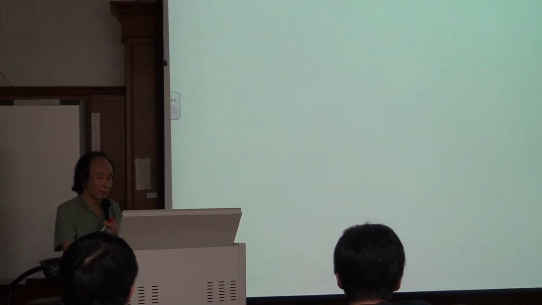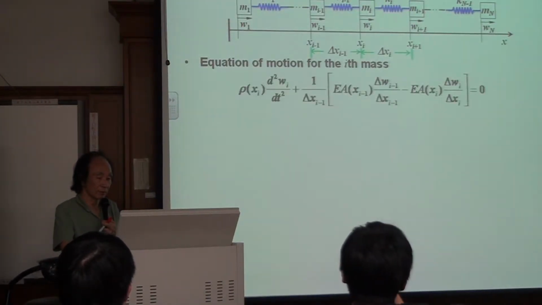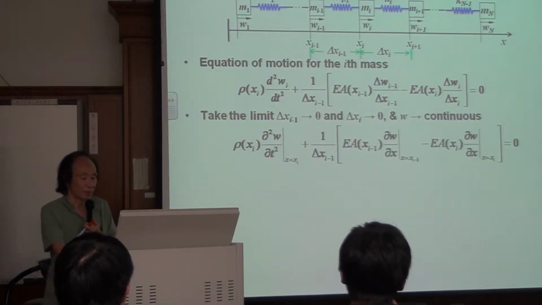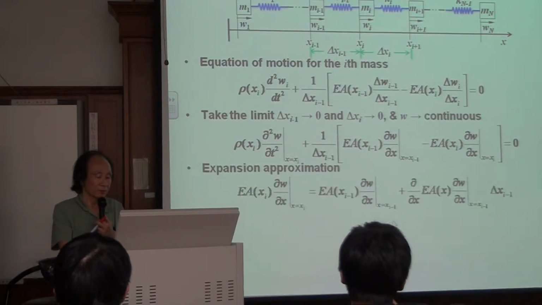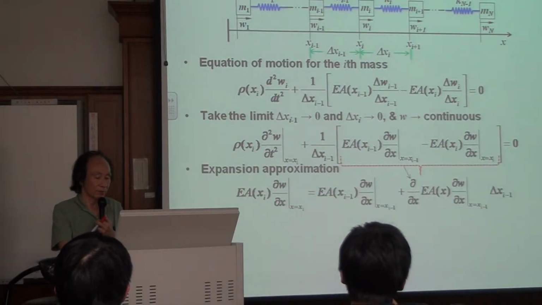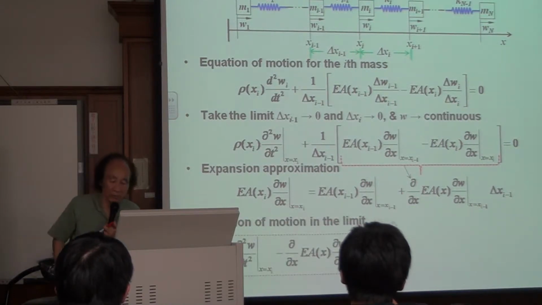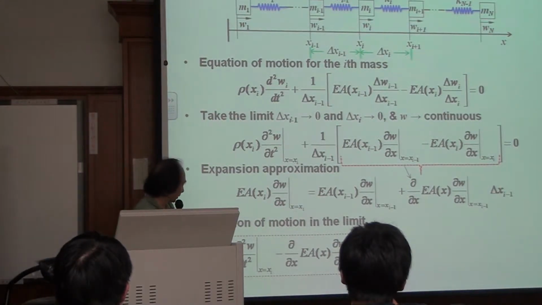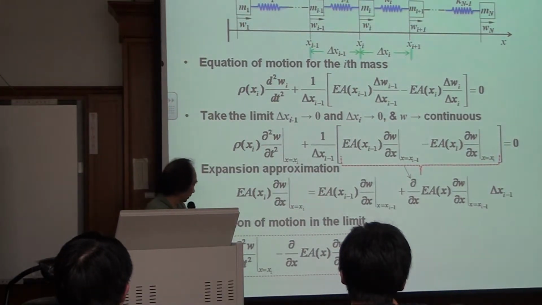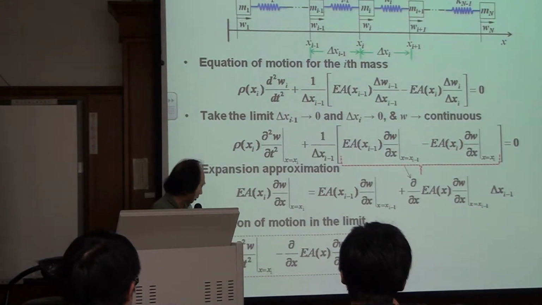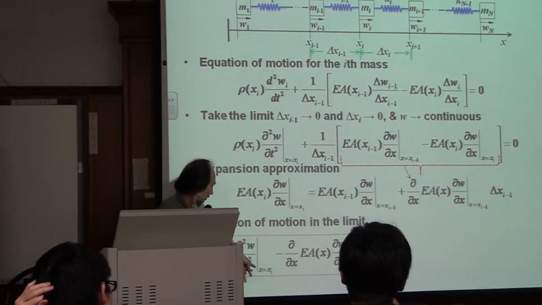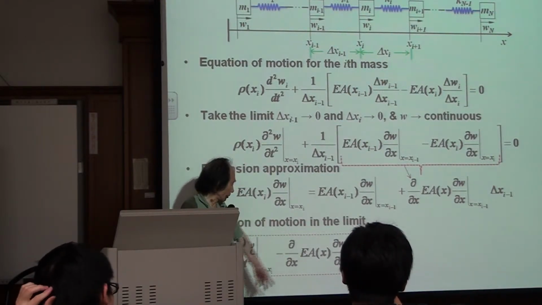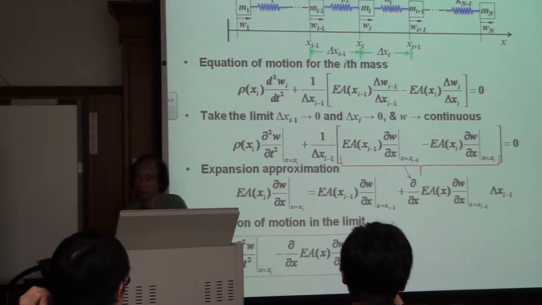The reason I want to do this is that I can take the limit, then it becomes continuous. The last equation of motion is a partial differential equation: rho partial squared W over partial t squared equals minus partial x of EA partial W partial x.